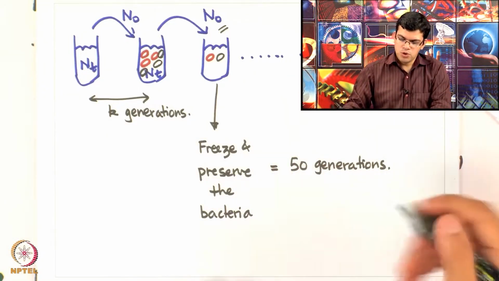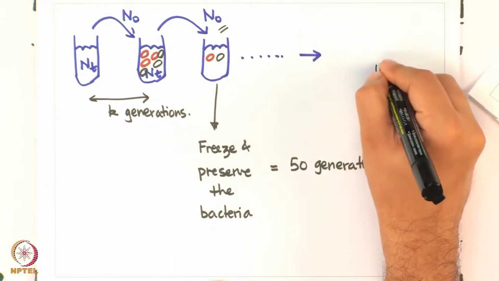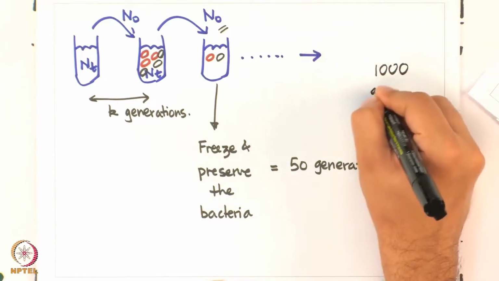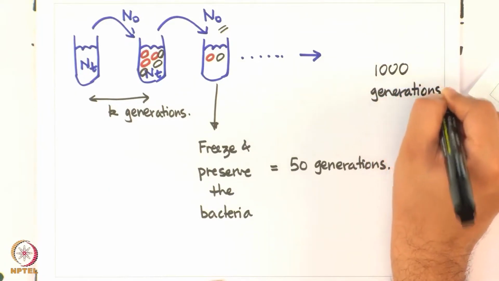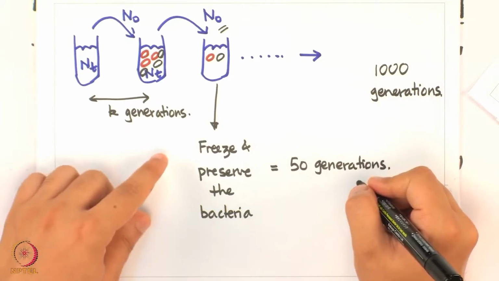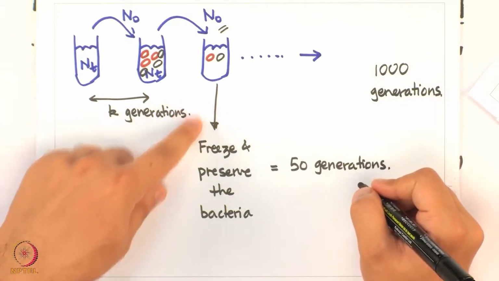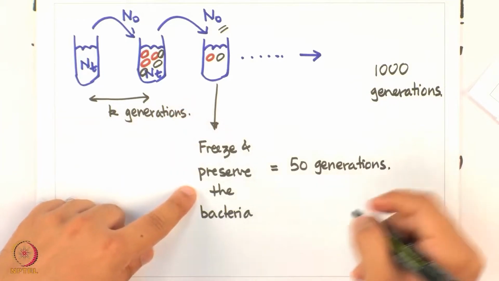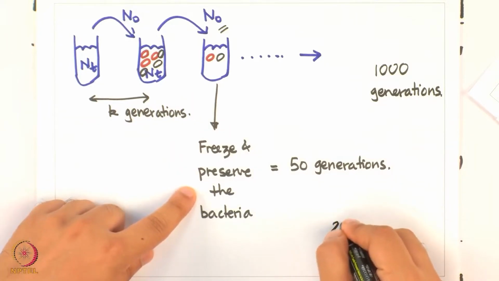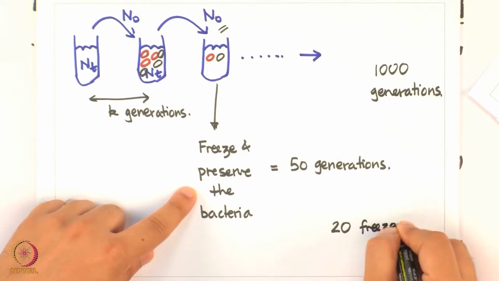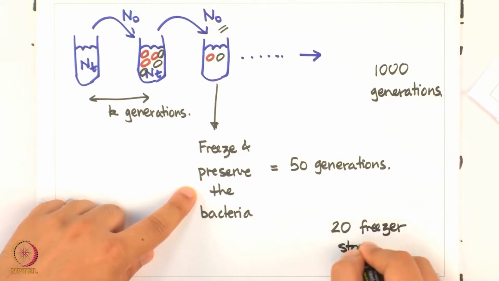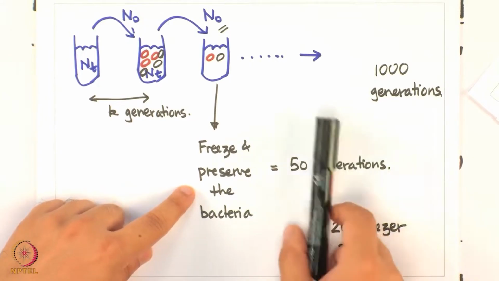So in all, if you had 1000 generations in your experiment, and you are taking a sample every 50 generations, you would have 20 freezer stocks through the course of your evolutionary experiment.